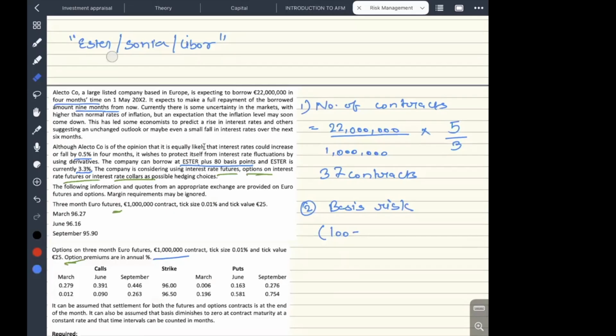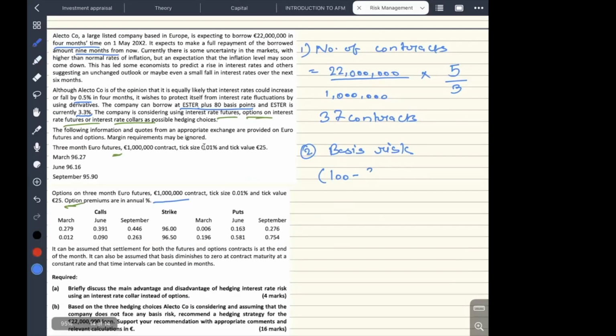For your question, all of these are equal. Okay. 100 minus 3.3 minus futures price. Now just look over here. Should we take March future, June future, or September future? That is something we have to decide.